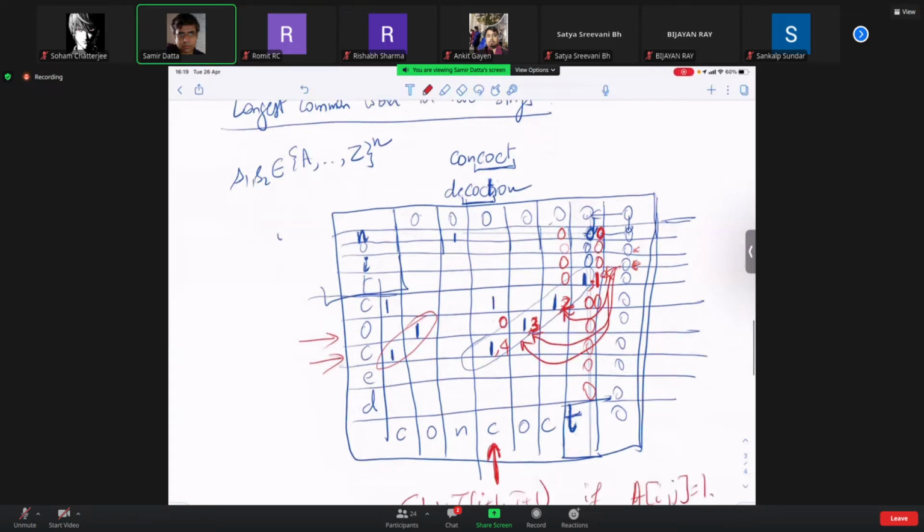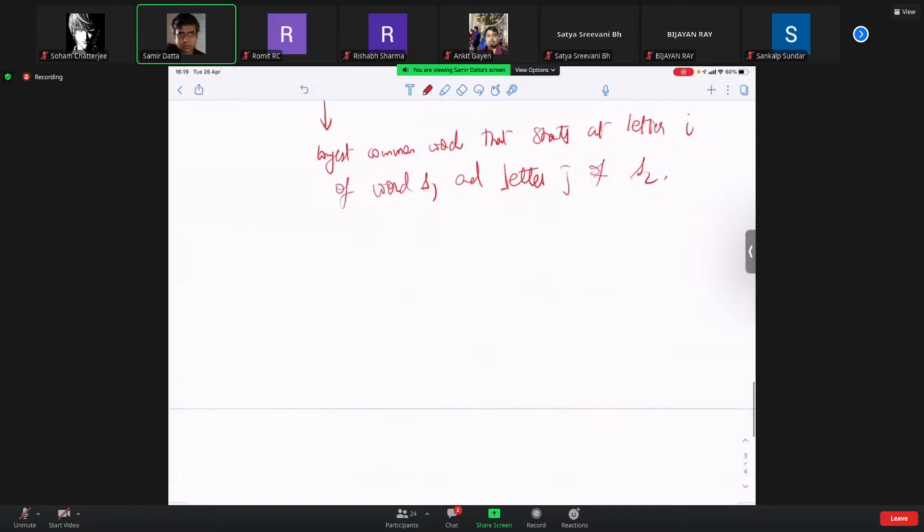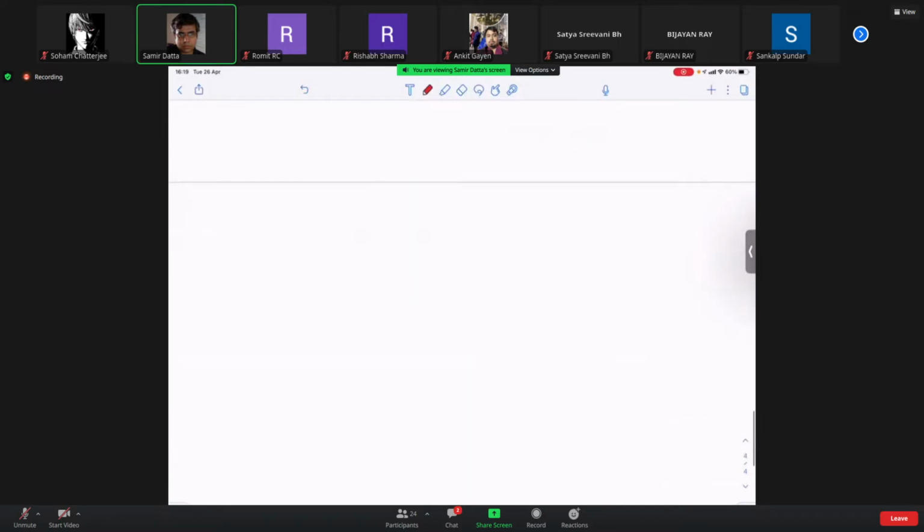Okay. Now I modify the problem slightly and try to find the longest common subsequence of two strings.